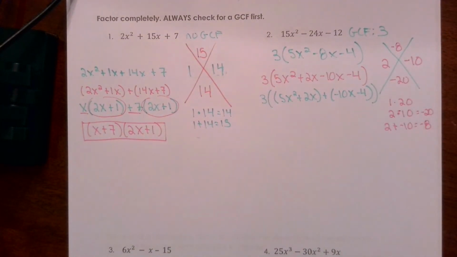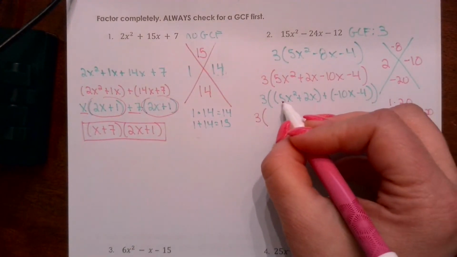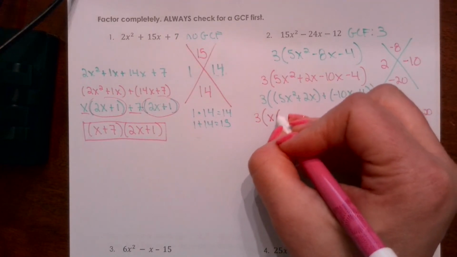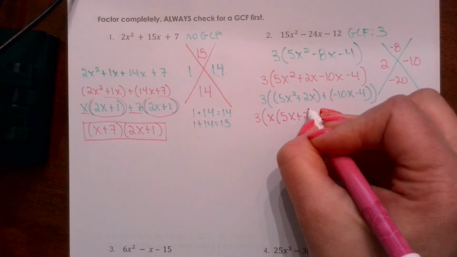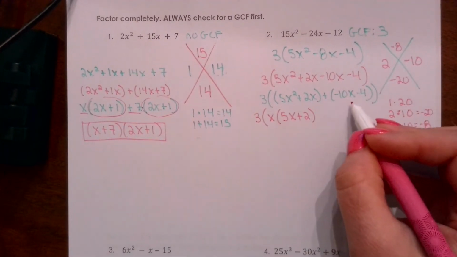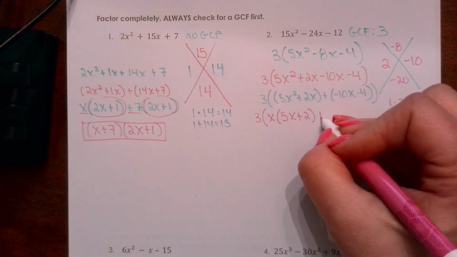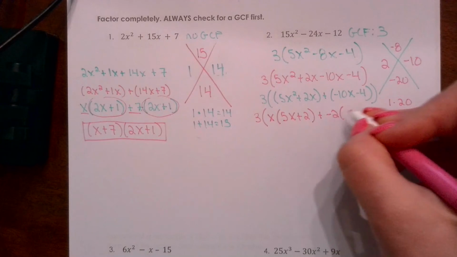Oop, another parenthesis. So looking for the greatest common factor, it looks like 5 and 2, but I can take out an x. So I've got 5x plus 2. And here it looks like negative 2. So negative 10 divided by negative 2 is 5.